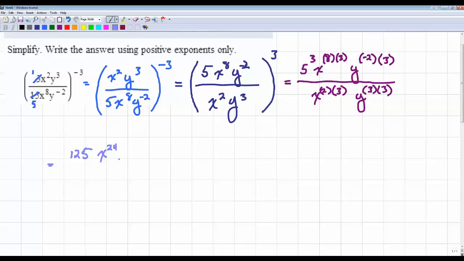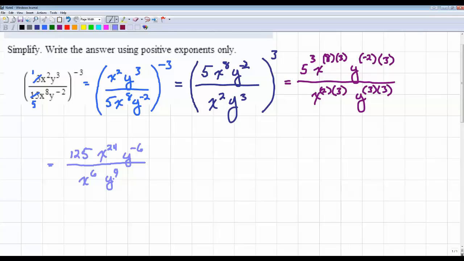The y to the negative 2 times 3 becomes y to the negative 6 power. And that's all over x to the 6, which is x to the 2 times 3 power, and times y to the ninth power.